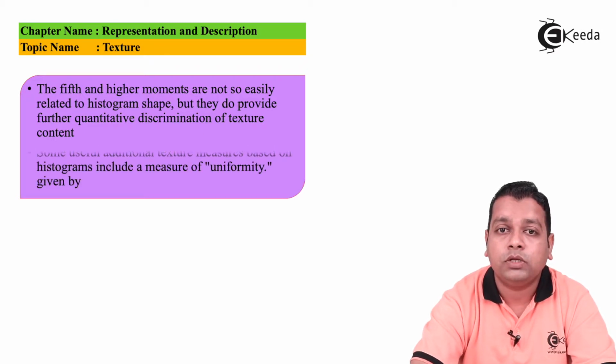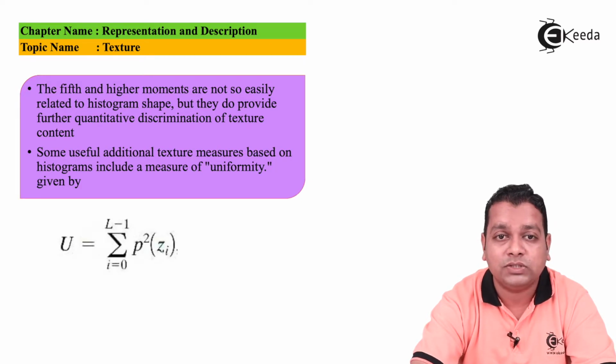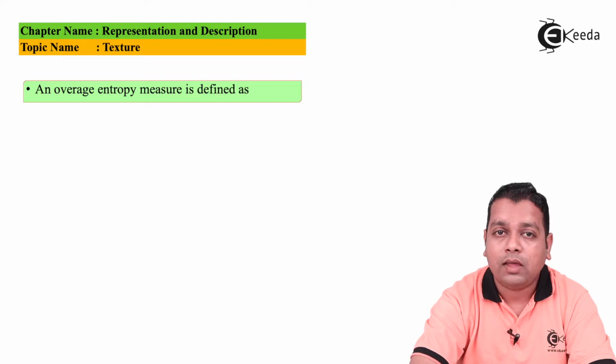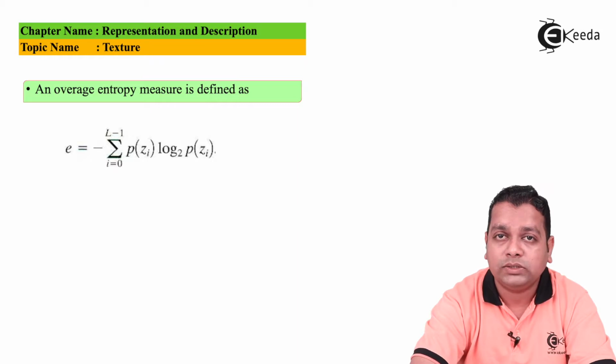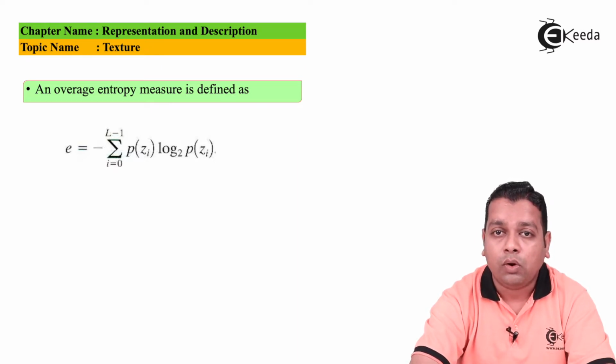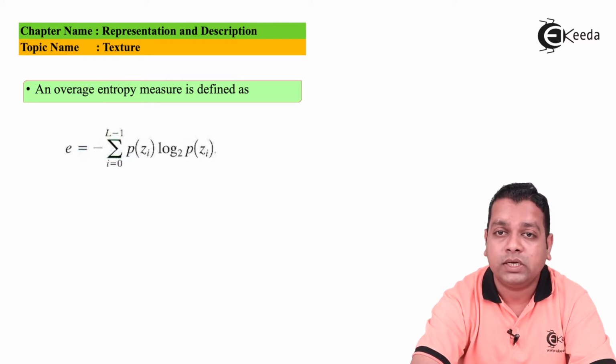Some useful additional texture measurements based on the histogram include the measure of uniformity, given by the symbol capital U, calculated as the summation over I equal to 0 to capital L minus 1 of p square of z suffix I. And an average entropy measure is defined as E, given by minus the summation over I equal to 0 to capital L minus 1 of p as a function of z suffix I times log to the base 2 of p of z suffix I.